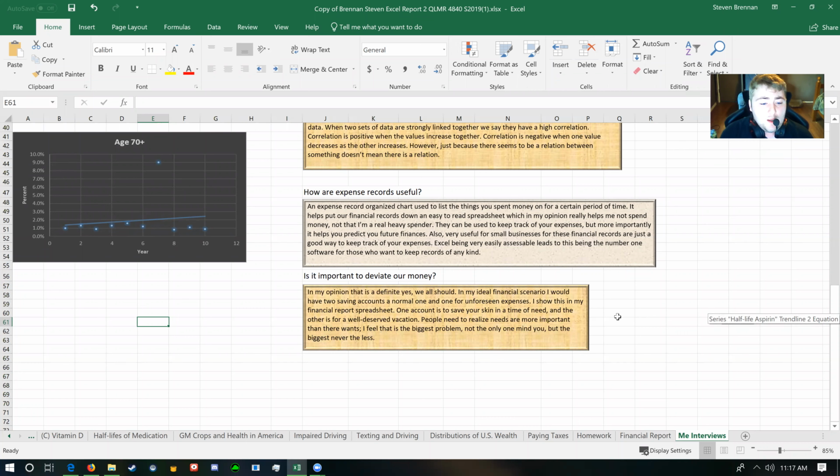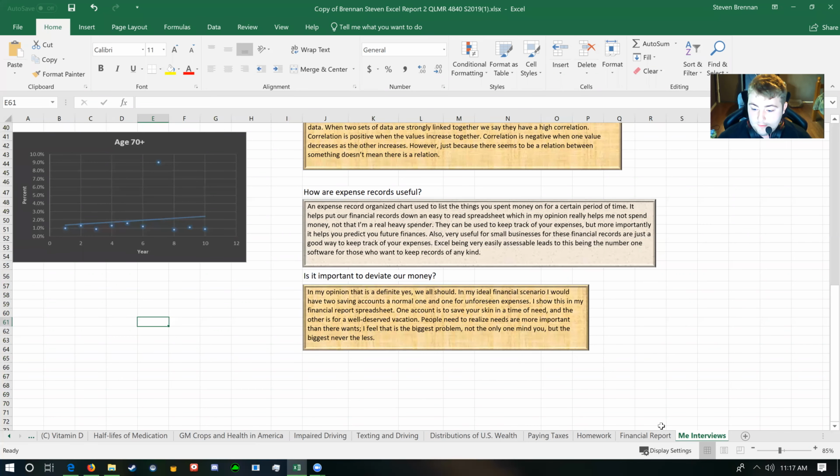We all should. In my ideal financial scenario, I would have two savings accounts, the normal one and one for unforeseen expenses like accidents, unforeseen damages. Maybe you have to pay something for your parents or family or close friends. Where is it? Oh, yeah, right there. Financial report.